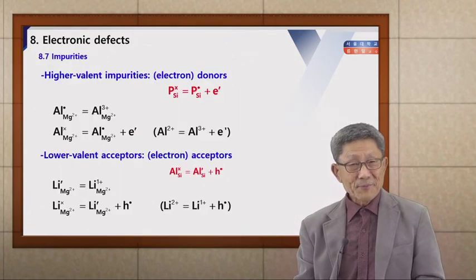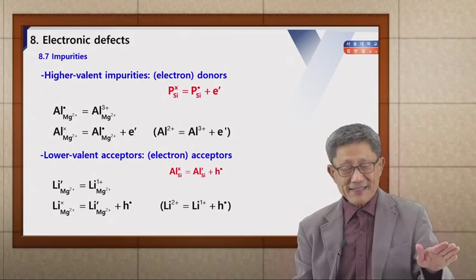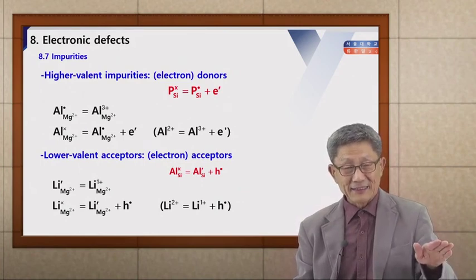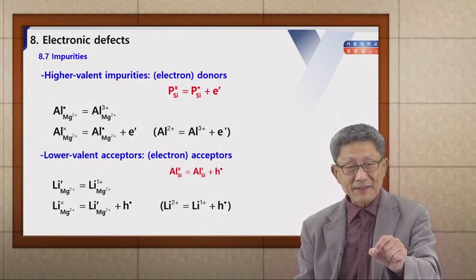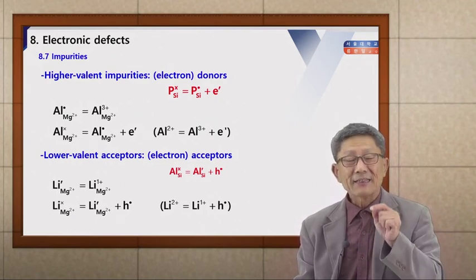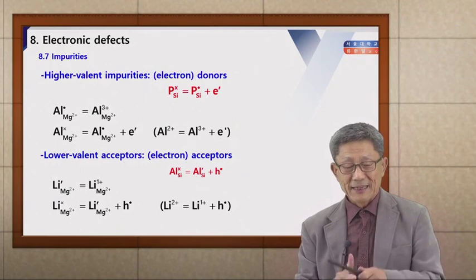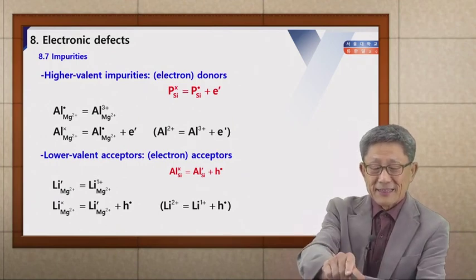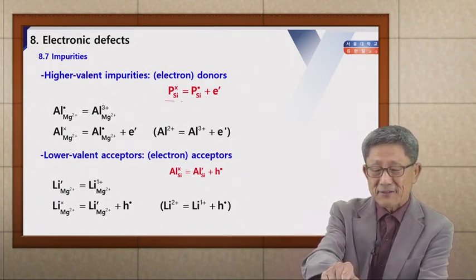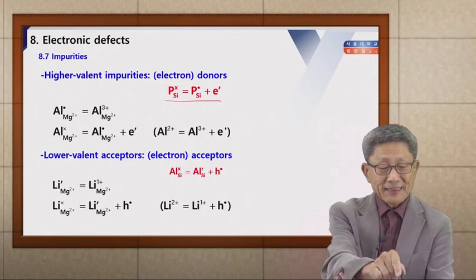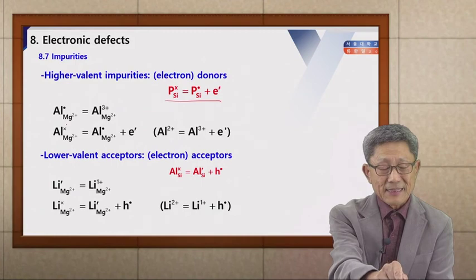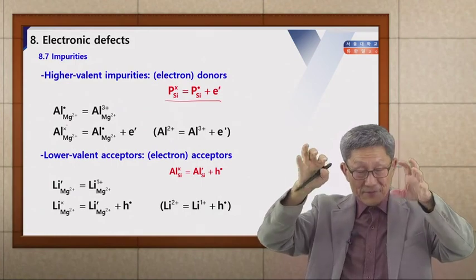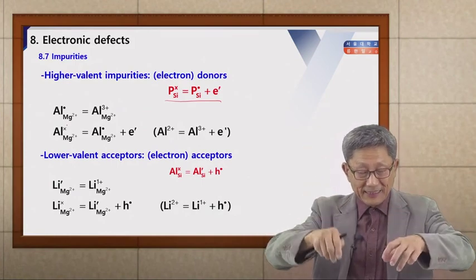Then what about the impurities? Yes, exactly the same as the case of silicon. If you introduce higher valent impurities, then it tends to be a donor, like phosphorus ion on the silicon side. Let me take aluminum on the magnesium side. Magnesium side means a divalent magnesium ion is sitting there.